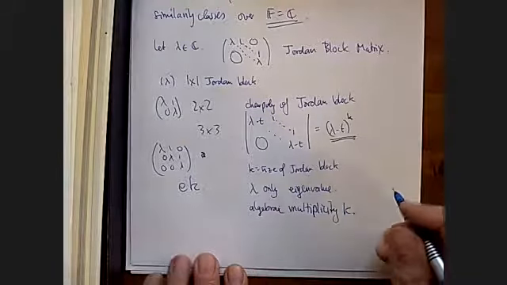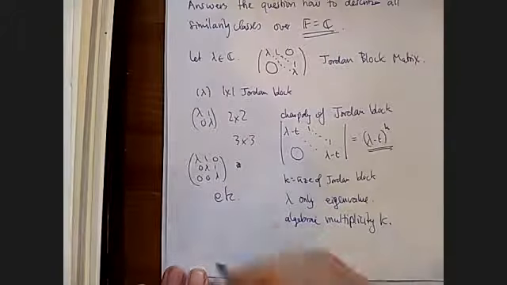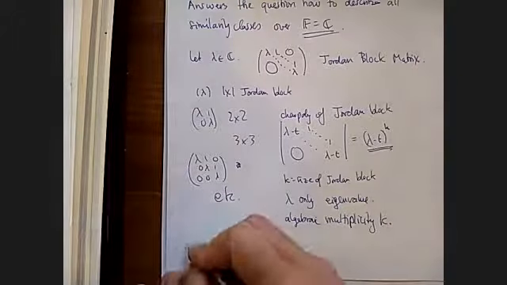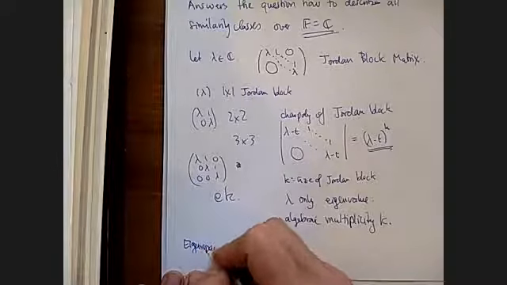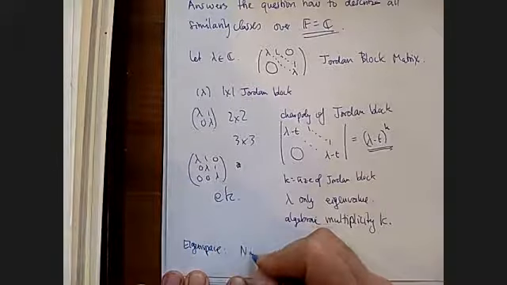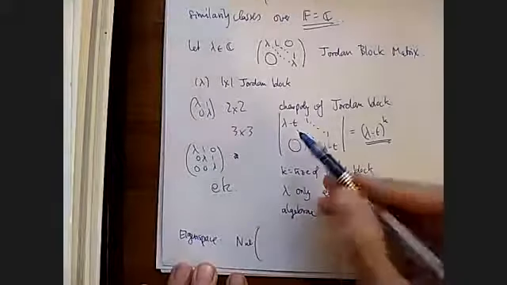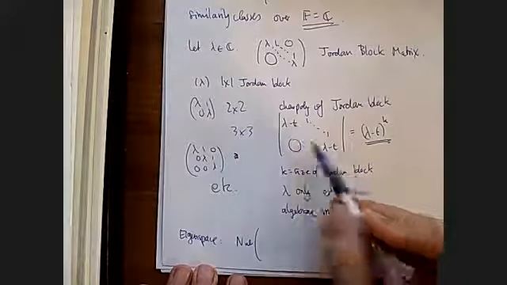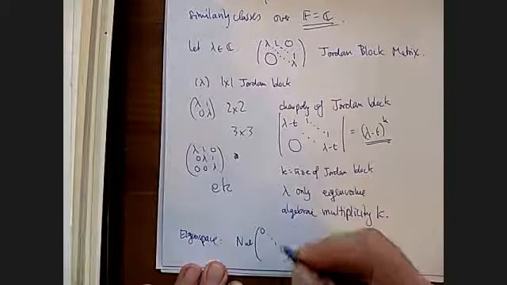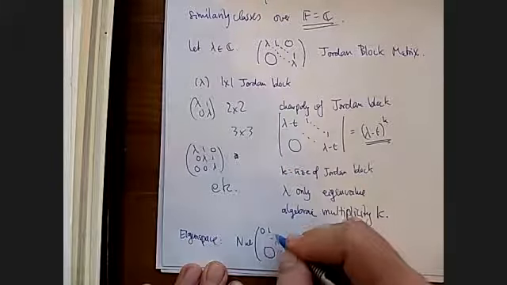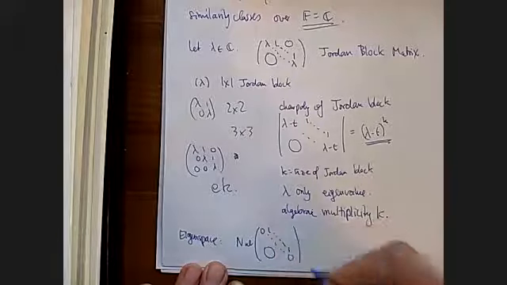So what is the geometric multiplicity? So what is the eigenspace? Well, that's the null space. So now I have to substitute for t lambda. So that means I have now zeros along the diagonal, zeros here and ones up here.